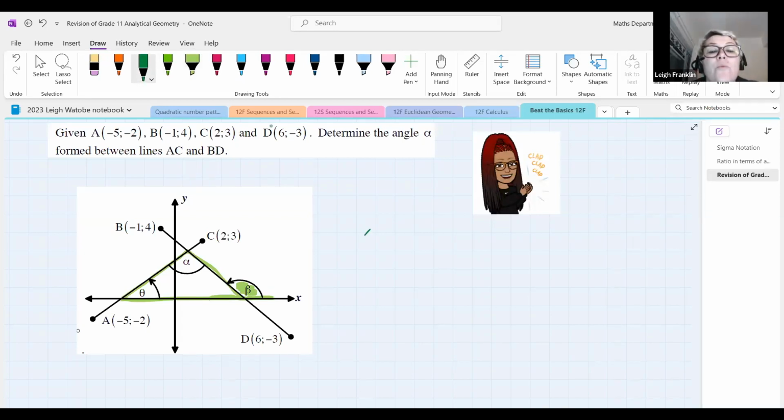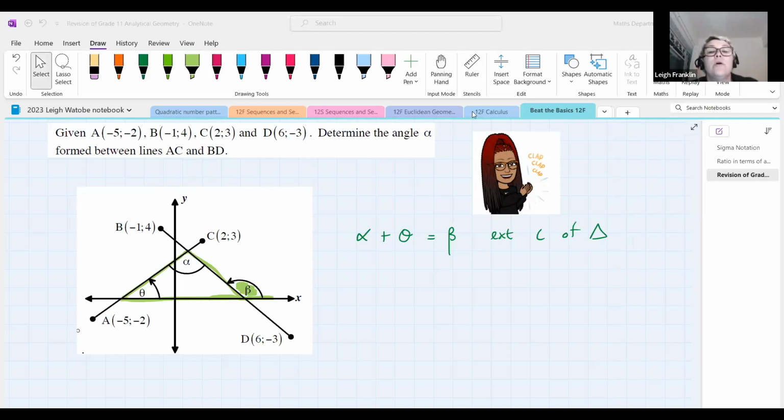Okay, so in other words, alpha plus theta equals beta in this case. Unfortunately, sometimes this is very subtle and quite difficult to pick up in questions, but it's important that we understand the basics and then we can have a look at the more difficult questions. So that's where you're going with this. Yes, ma'am. Thank you.